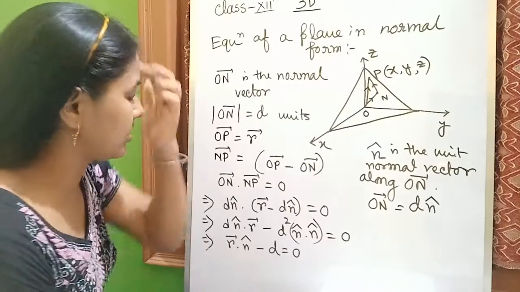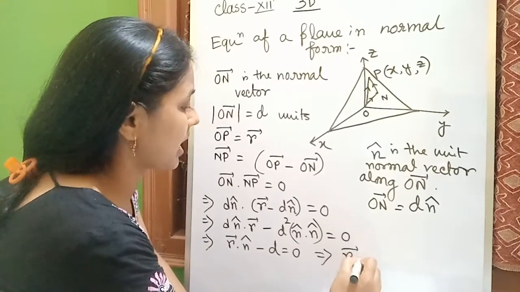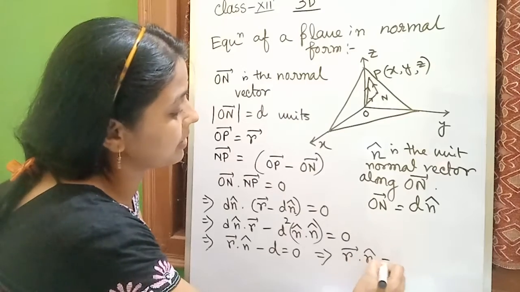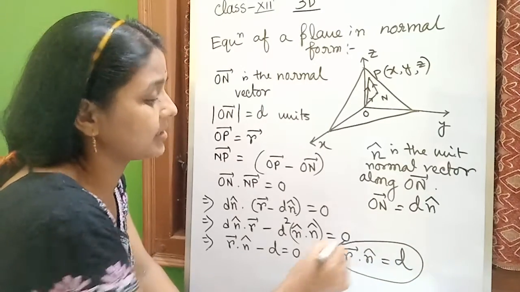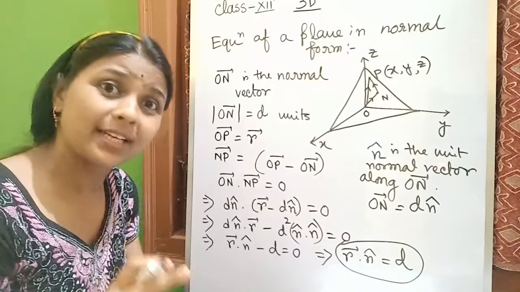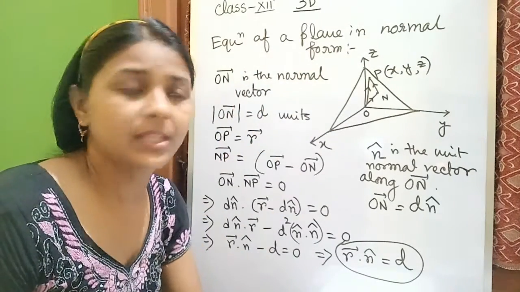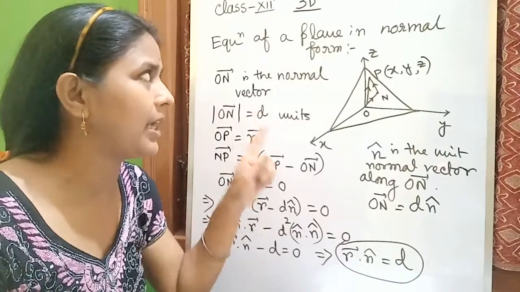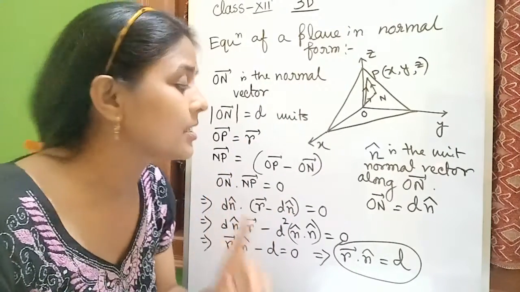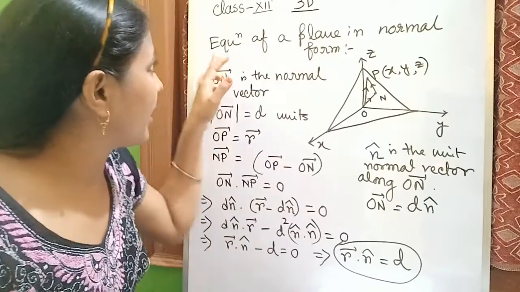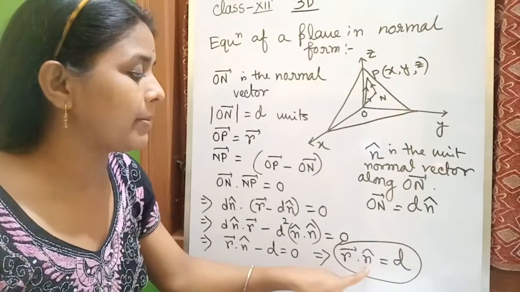I think you cannot see here, so I am writing here only. It is r dot n cap equals to d, and this is the vector equation of a plane in normal form. As I told in the first point, an equation of a plane can be found if the normal is given.